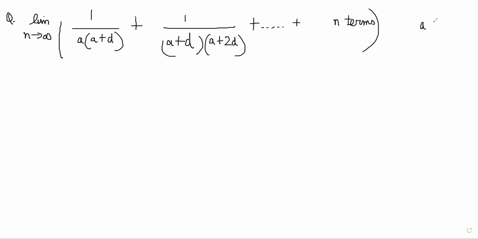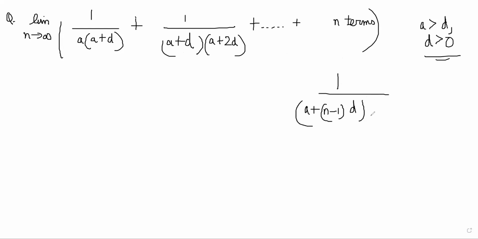A is greater than d, d is greater than 0 is what he's asking. So actually this is very straightforward because what you have to do is, if you do n terms, what is the last term here? Last term will be a plus n minus 1 into d and a plus nd, right?